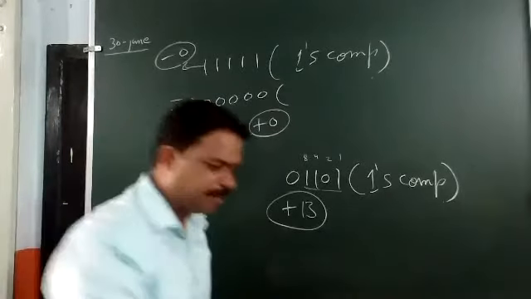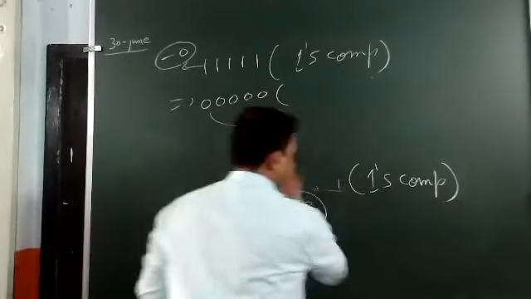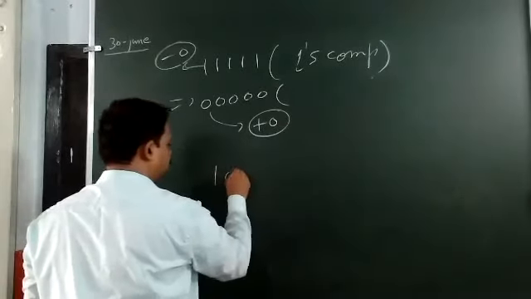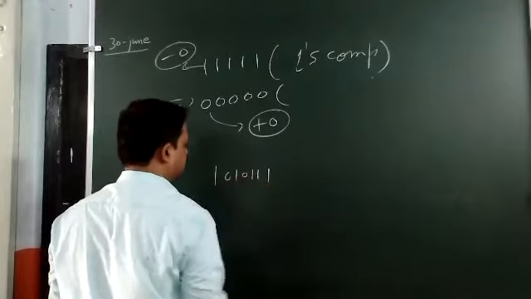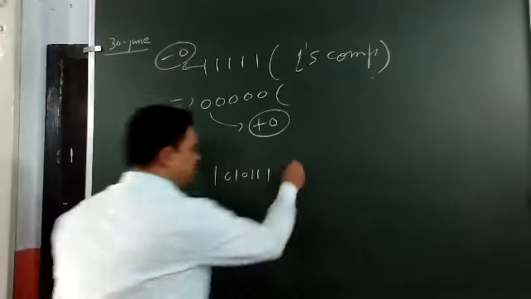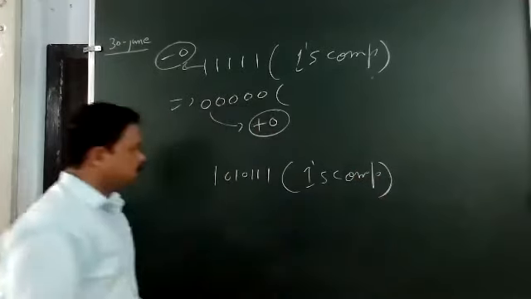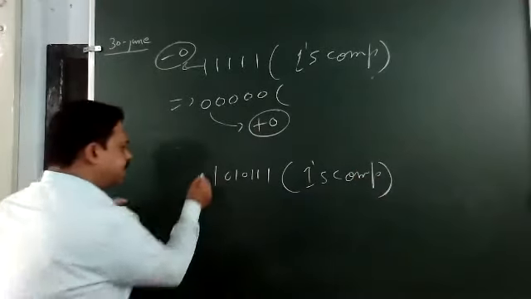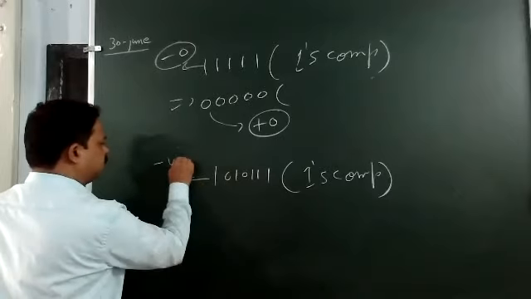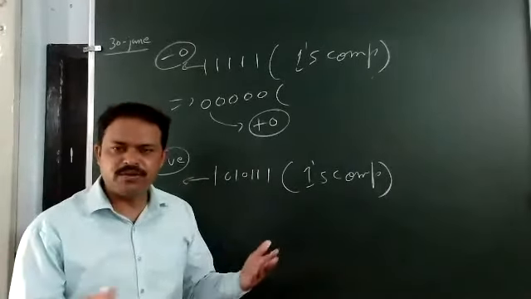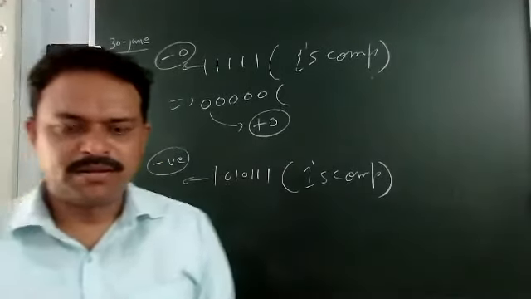Let me take one more example. The value is given in one's complement form. One thing is very clear: it is a negative value. Which negative value? Find out.